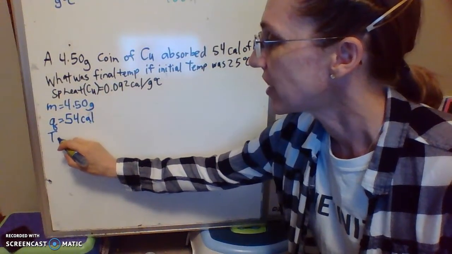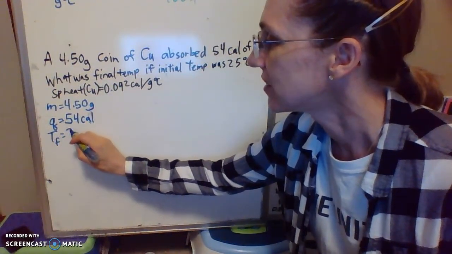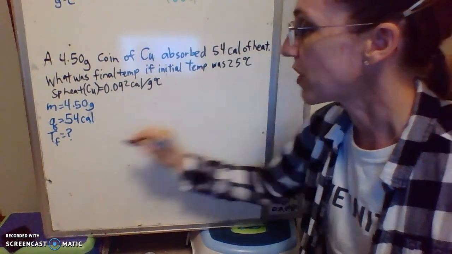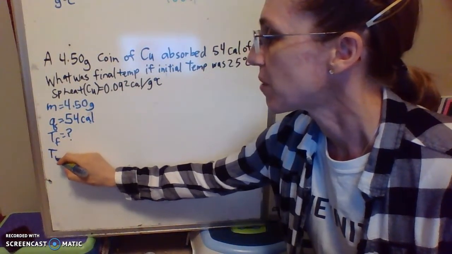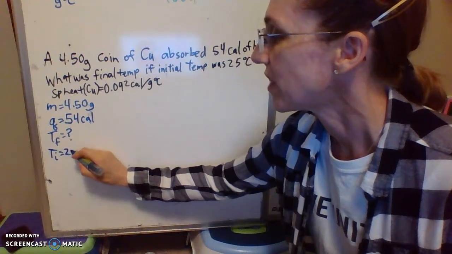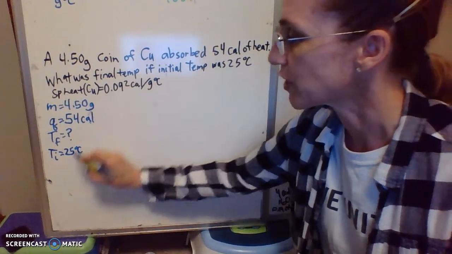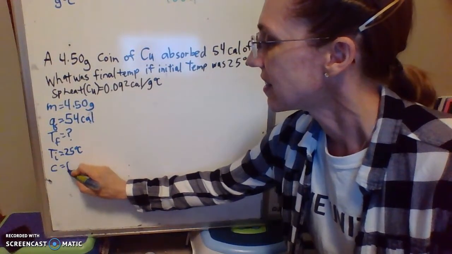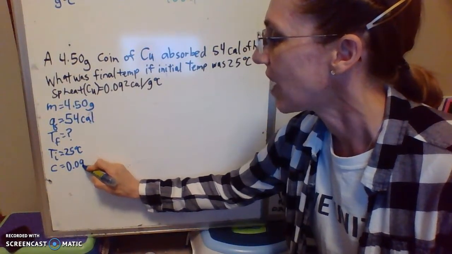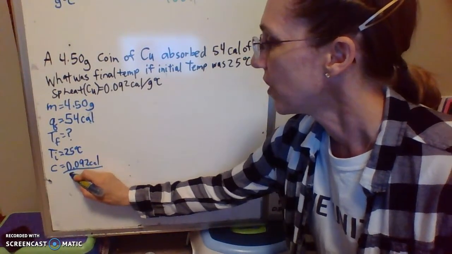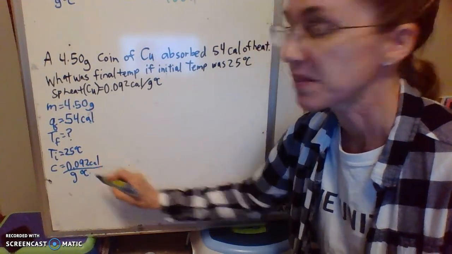So our question is temperature final. If the initial temperature was 25 degrees Celsius, so temperature initial is 25 degrees Celsius. And then we're told that our specific heat is 0.092 calories per gram degrees Celsius.